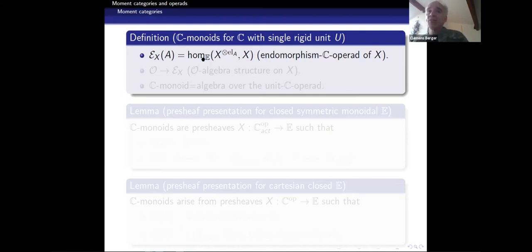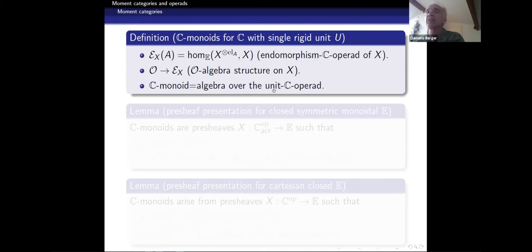Then you can define endomorphism operads in the usual fashion, where the cardinality of an object just tells you how many tensor factors you have to take. An O-algebra structure on X is just given by a map of C operads from O into the endomorphism operad. And a C-monoid is an algebra over the unit C operad.